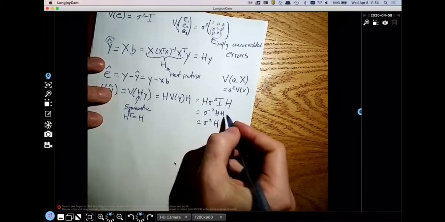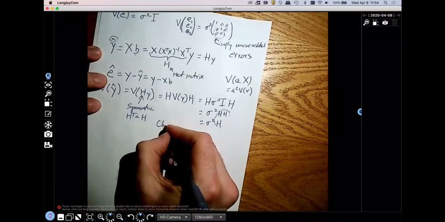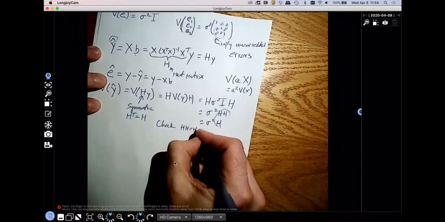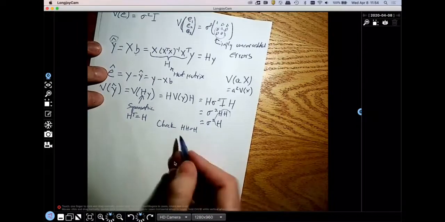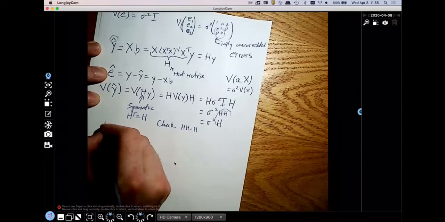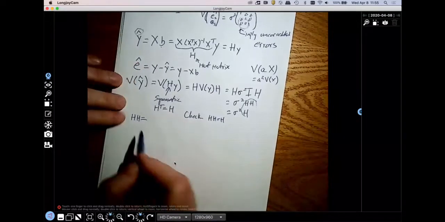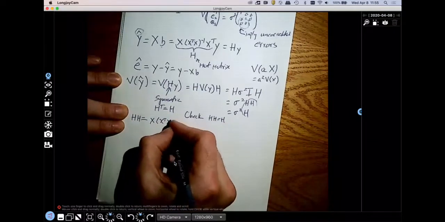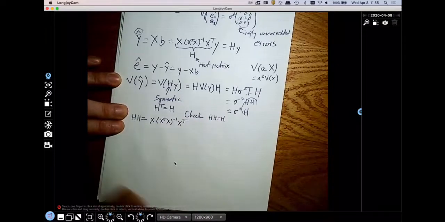Now why did we do this? Well, let's just go check it. So let's just say we're going to check H times H is equal to H. This is called an idempotent matrix. When you multiply it by itself, you get the original thing back. So let's go check that out. So H times H is just, what is my H matrix? Here it is. X times X transpose X inverse X transpose, so that's my H matrix, and just put another copy of that.